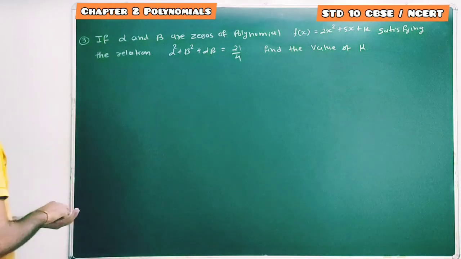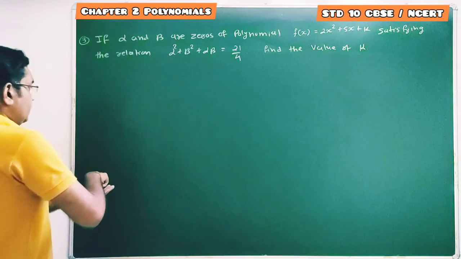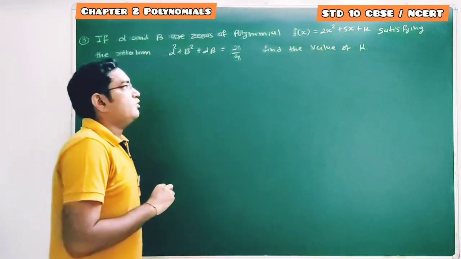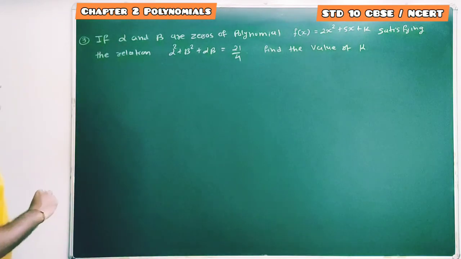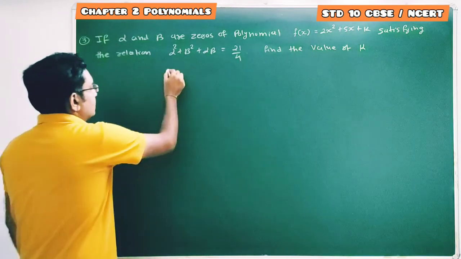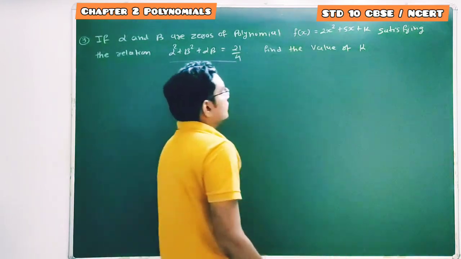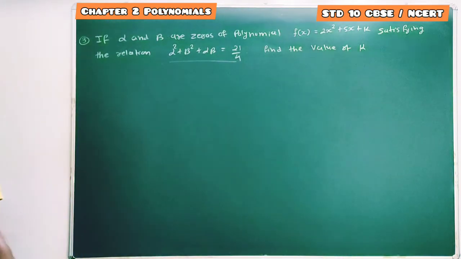Okay students, now question number 3. Here alpha and beta are the zeros of polynomial f of x equal to 2x square plus 5x plus k, which satisfies this relation. So here find the value of k. So alpha and beta are the zeros of polynomial f of x.